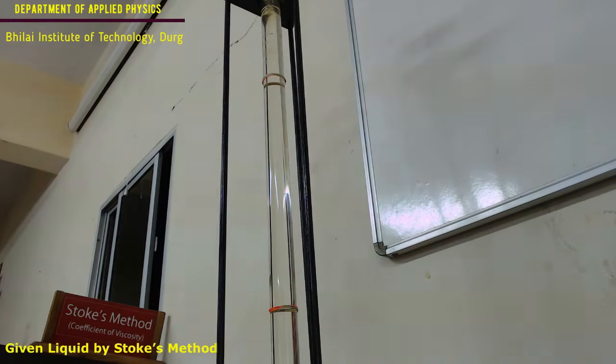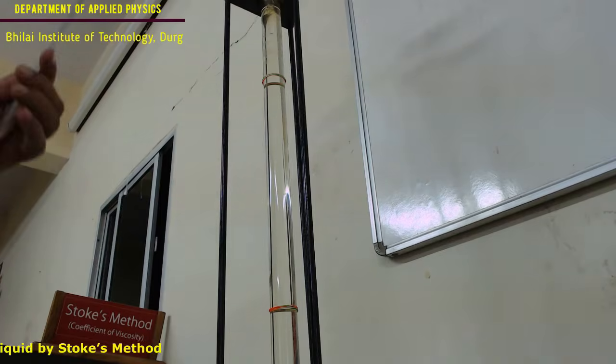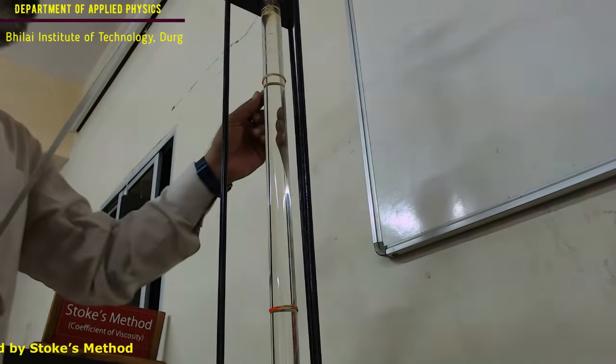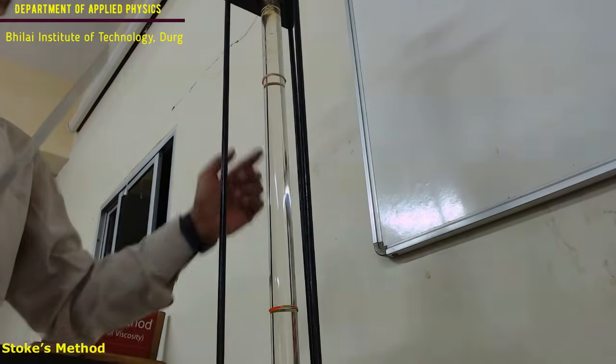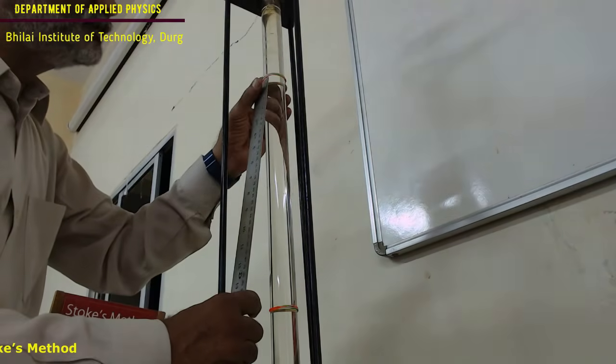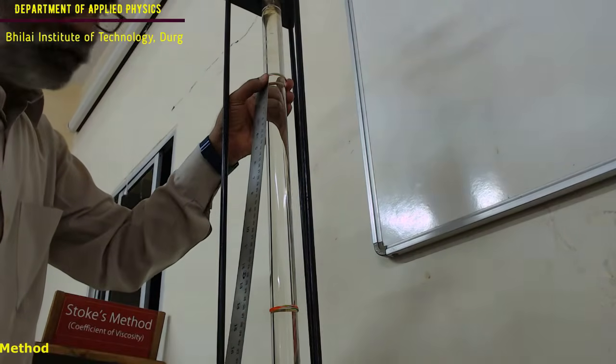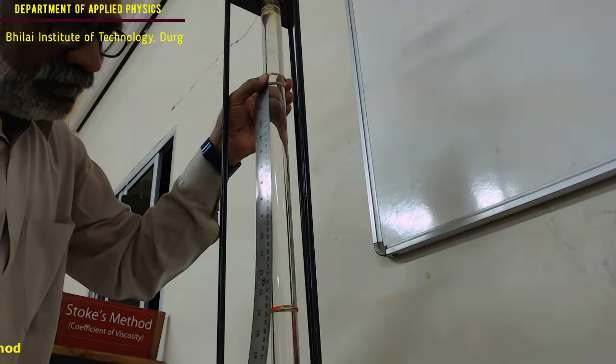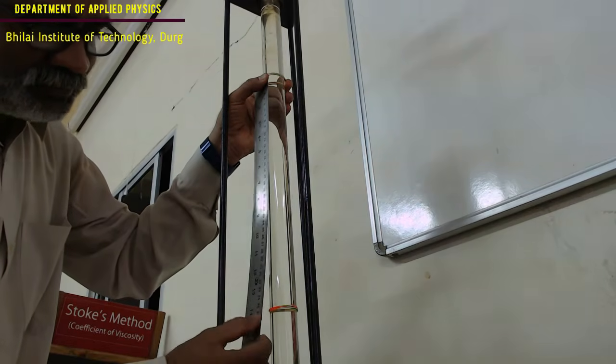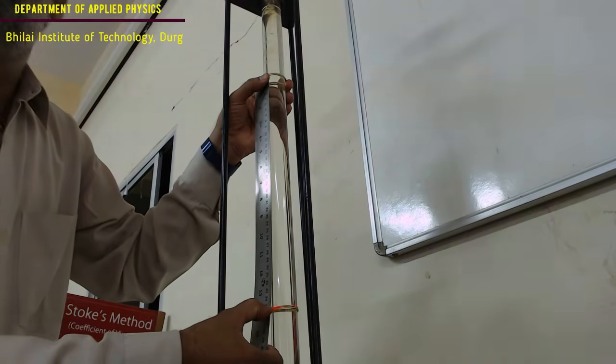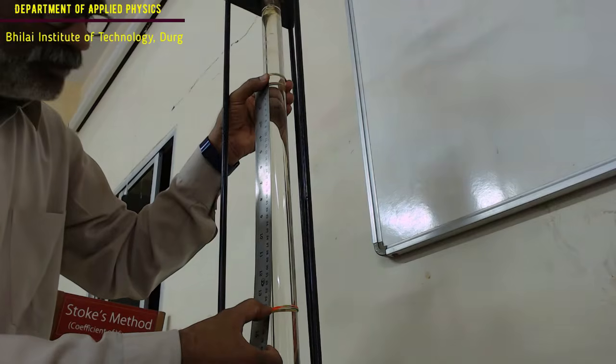Second thing, to get the velocity of the ball inside the liquid, we adjust the distance between the threads or the marks. So I keep the scale here, taking this first mark as the reference. I set the distance between the first and the second to be equal to 35 centimeter. This is the 35 centimeter mark.